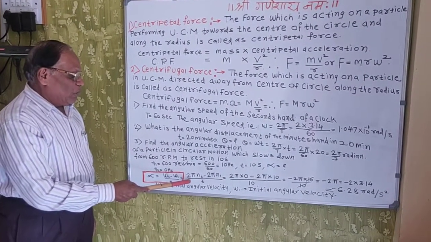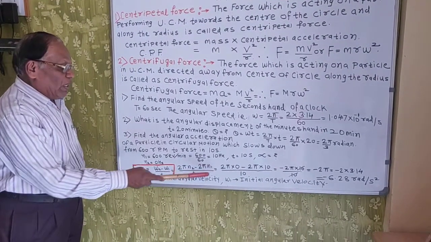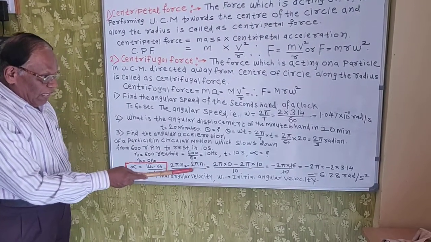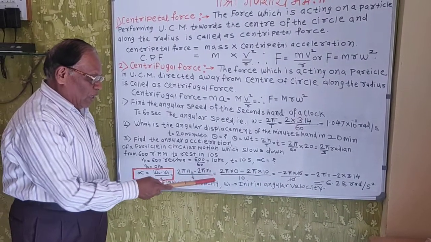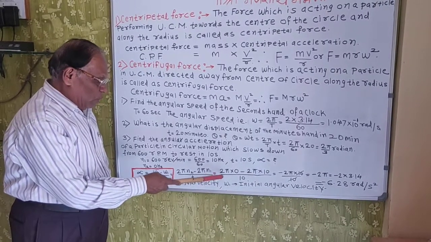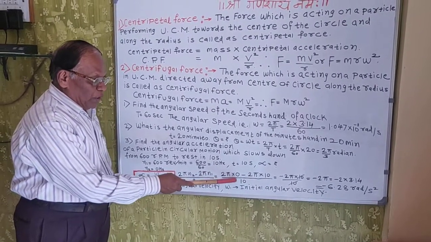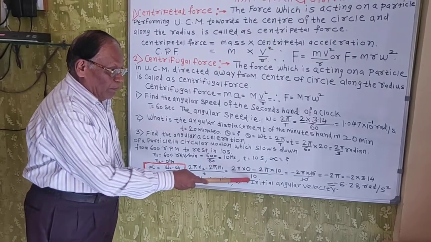Here further it is equal to 2 pi n2 minus 2 pi n1 divided by t, and further put the values of n1 and n2 into this formula, so that alpha becomes 2 pi into 0 minus 2 pi into 10 divided by 10.